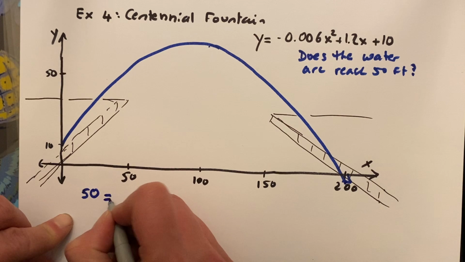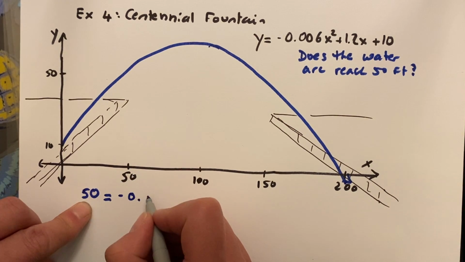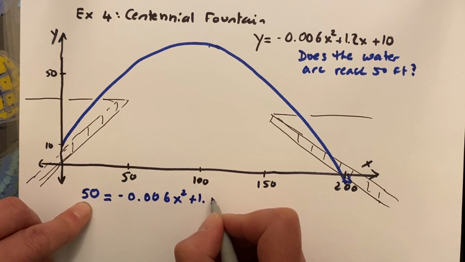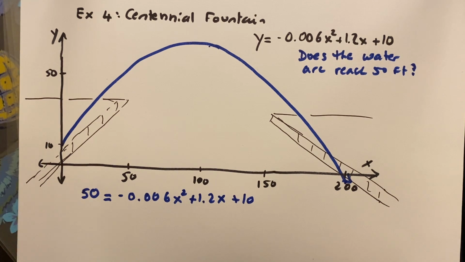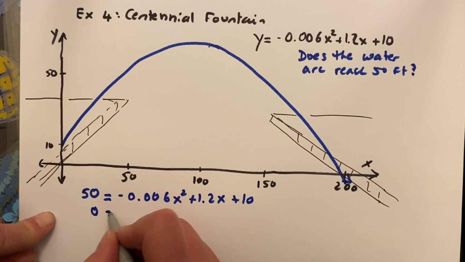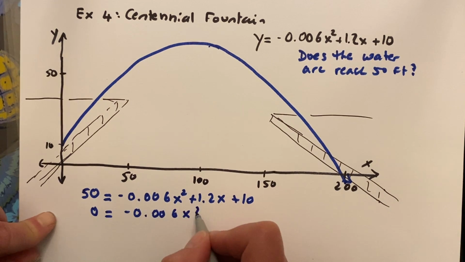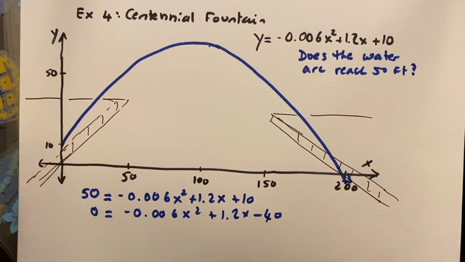This is the final height: 50 equals negative 0.006x squared plus 1.2x plus 10. And we're going to subtract 50 and get 0 equals negative 0.006x squared plus 1.2x minus 40, since we subtract 50 from both sides.